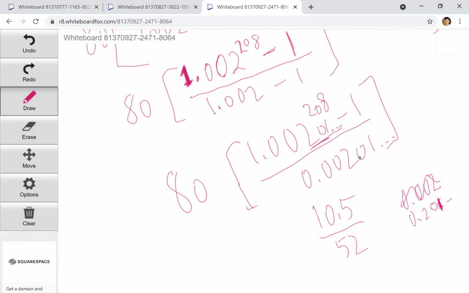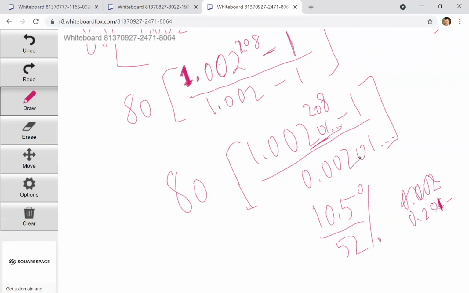Oh, wait, did you want me to do 1.002 or 1.2? No, 1.002. There's a percent, right? Okay, that should be fine.